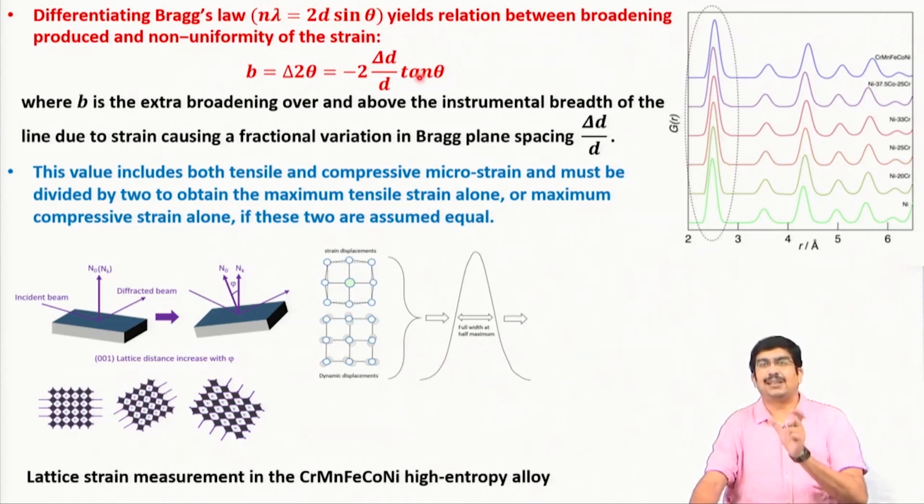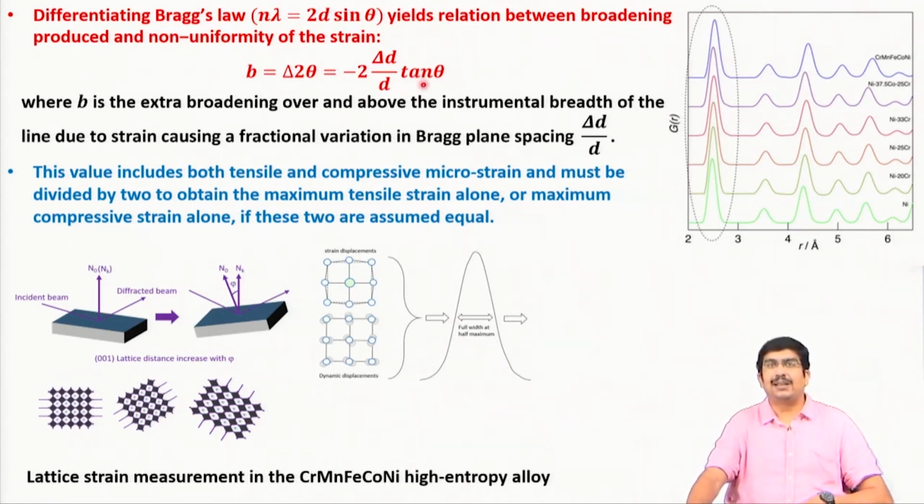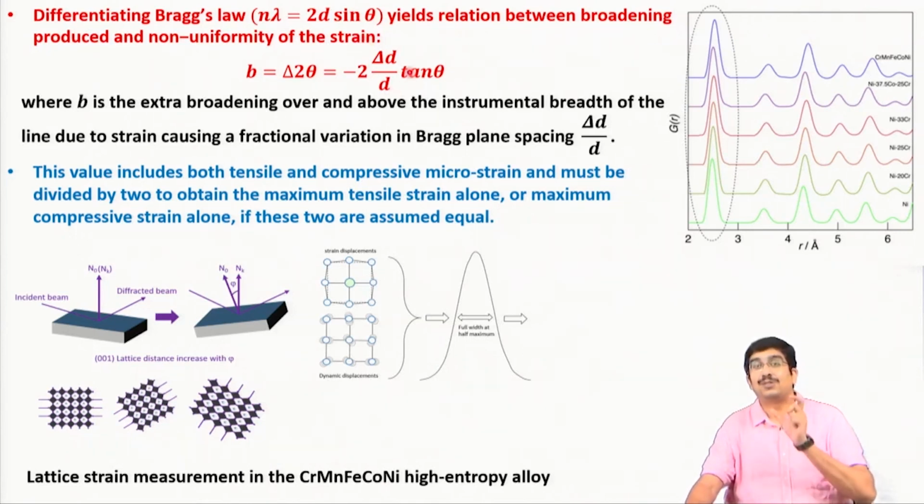So this b, the extra broadening due to the strain over and above the instrumental broadening or size broadening, the broadening caused by the strain, is equal to minus 2 delta d by d into tan theta, and delta d by d is basically the amount of strain.